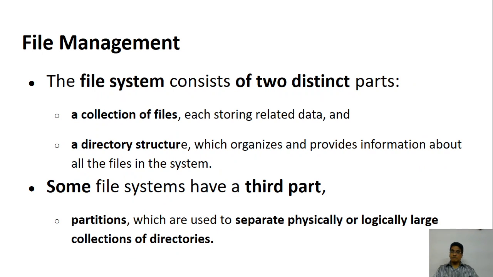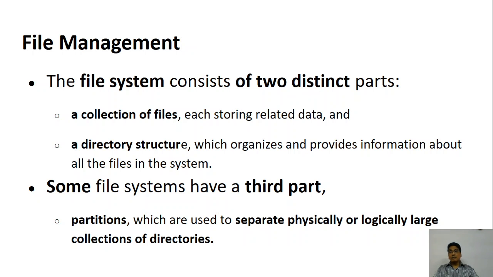When you look at the file system, it consists of two distinct things that you are all familiar with. One is a set of files that you are storing, which may be data or a program or something that you want to store. And the next one is the arrangement in which you store them, that is, you organize the content and store it.